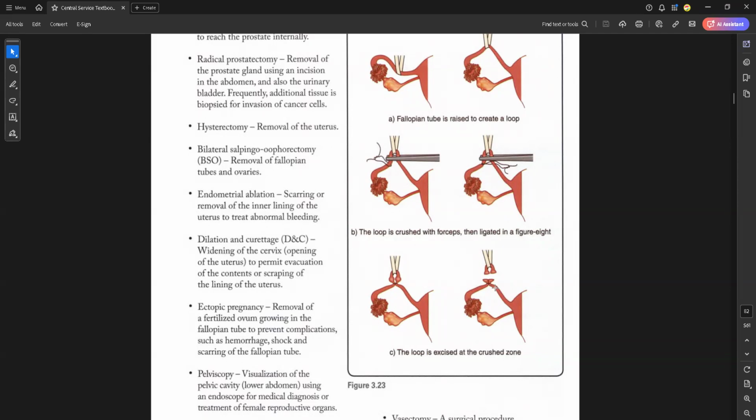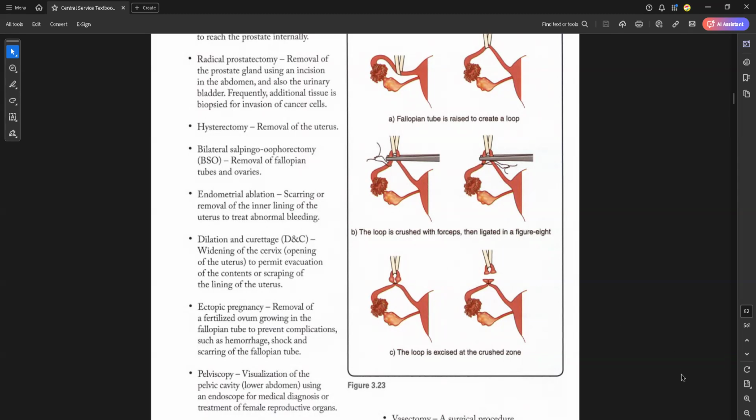That also happens. Removal of the fertilized ovum growing in the fallopian tube, to prevent complications. When it is fertilized, it must descend. But sometimes it stays there and begins to grow. Very unfortunate.